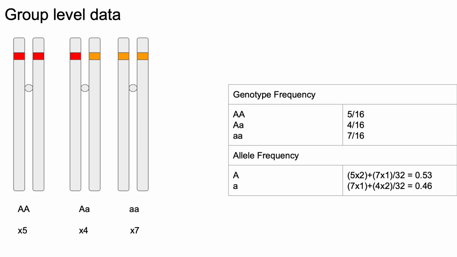Some individuals will have inherited both capital A's from mother and father. Some would have inherited both small a versions from mother and father, while some would have got a big A and a little a from mother and father. Let's say we have 5, 7, and 4 such persons respectively, or total 16 people in the group. This is the genotypic frequency, 5, 4, and 7.